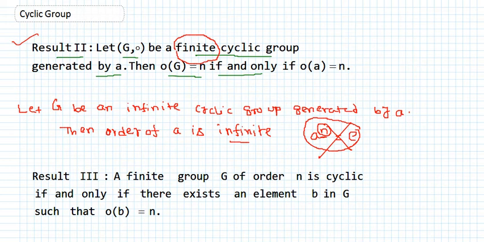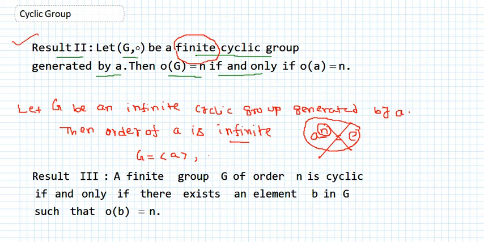So if G is an infinite cyclic group generated by A, the result still holds, and the converse of the result still holds, which means that if G is a group generated by the element A, and if the order of A is infinite, then G is an infinite group.